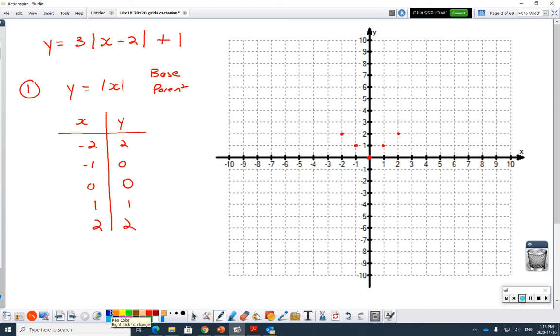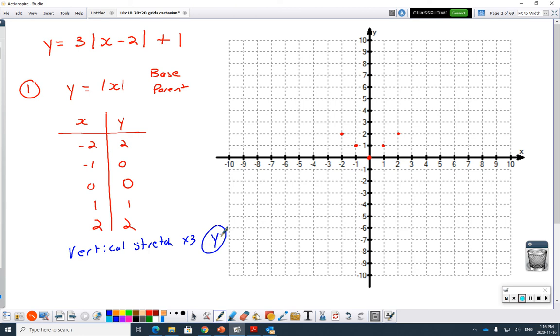They'll look at this thing and they'll write down all the transformations. If you're not sure where I'm getting each of these transformations from, that's what's going to come tomorrow. The number out front is the vertical stretch. I'm going to put vertical stretch times 3, and in brackets, I'm going to circle, vertical stretch has to do with the y values.